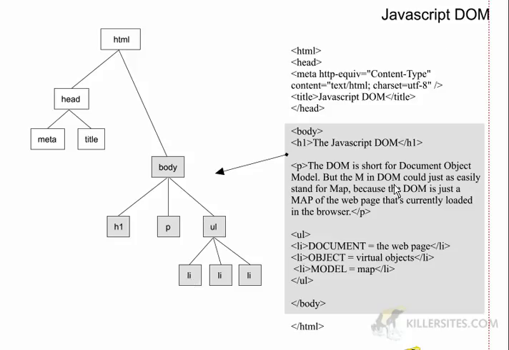JavaScript has built into it a bunch of functions that allow you to easily jump around this document object model, the DOM, to be able to do things like add new tags, change properties in the tags, add text in between tags, and remove tags. The DOM, combined with JavaScript, allows you to do all those dynamic effects that we see in so many web pages.